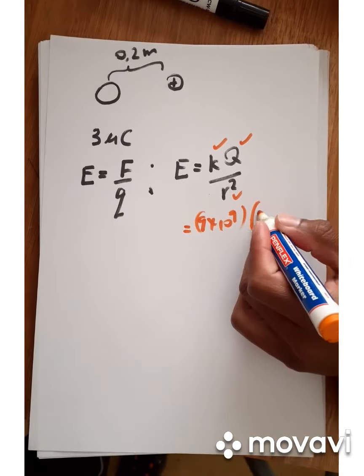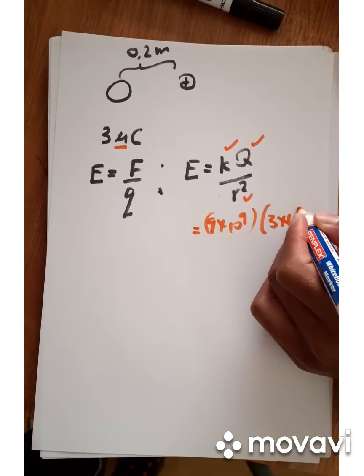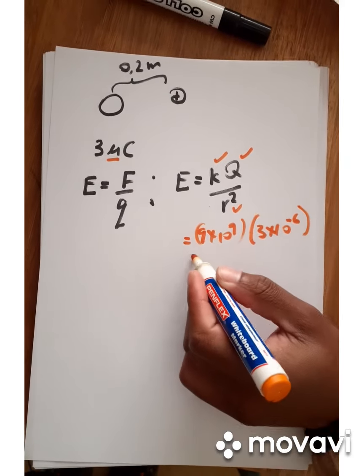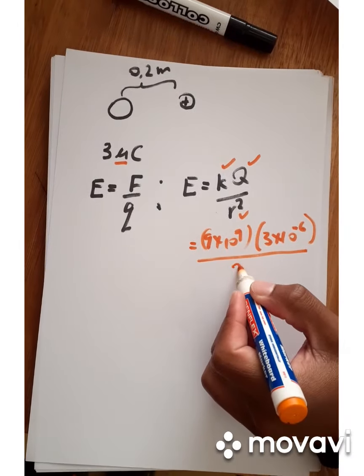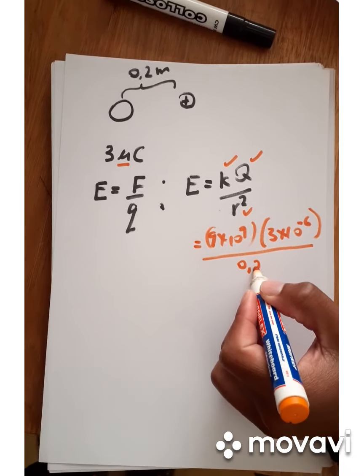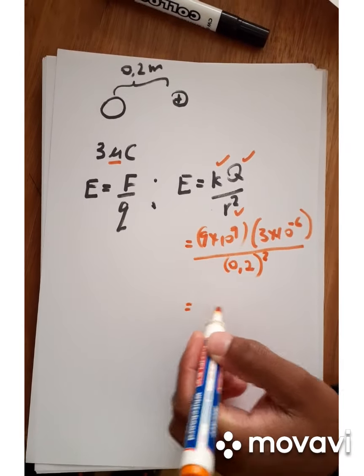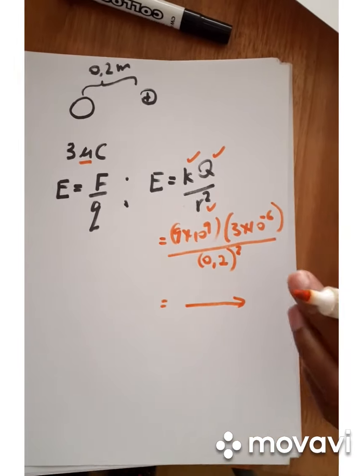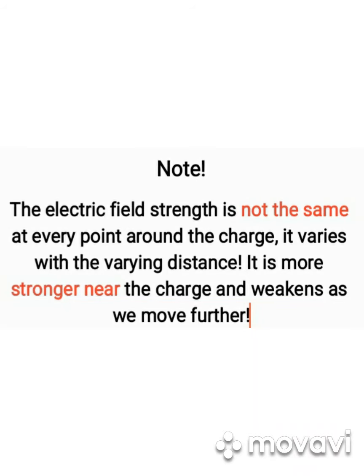Then 3 micro simply means times 10 to the power of negative 6. Then divided by, make sure that this r is in meters, so 0.2. Then don't forget to square this. Then you're going to get the answer there. For now, we're not interested in an answer.